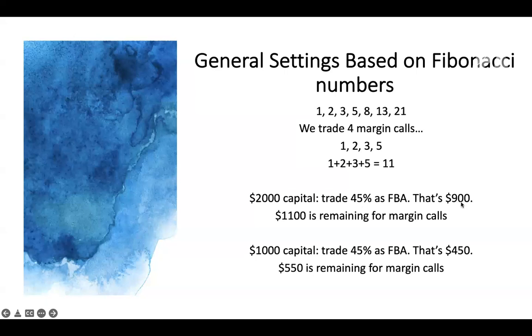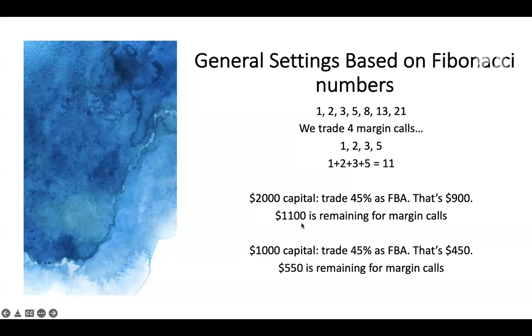So if the trade is giving you 3% profit, you're going to make 3% of $900, even if the market does not dip, because most of our signals go straight up and hit the target. That's why we want you to trade with 45% as your first buying amount, so that if you go straight to the target, you're going to make some good money.